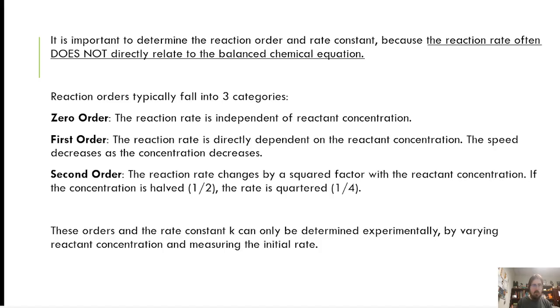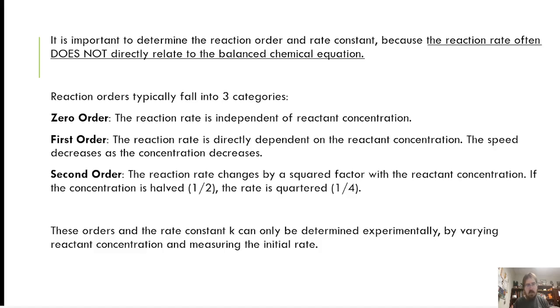A first order: the reaction rate is directly dependent on the reactant concentration. The speed decreases as the concentration decreases in a somewhat linear fashion. And then second order: the reaction rate changes by a squared factor with the reactant concentration.